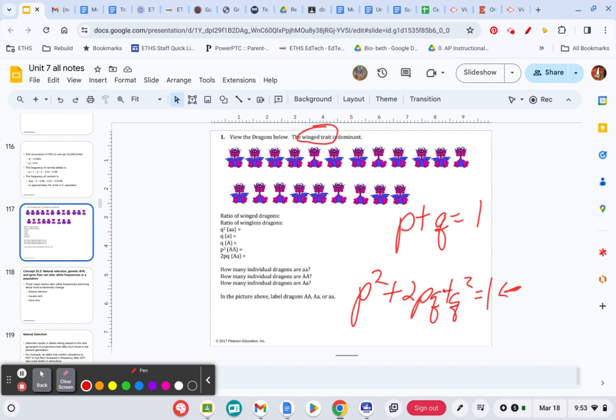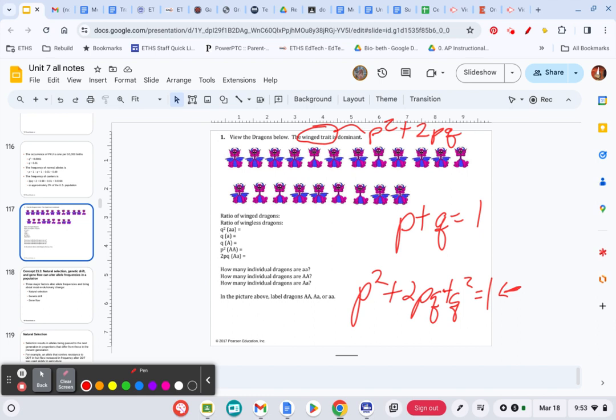So the ones that are going to be winged are going to be P squared plus 2PQ. And then you're like, oh, that's math. We don't want to do math. But if P squared and 2PQ are the winged, what are the unwinged?